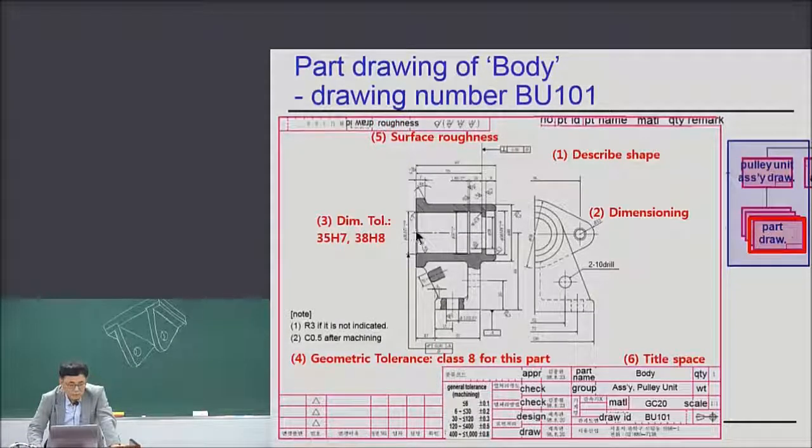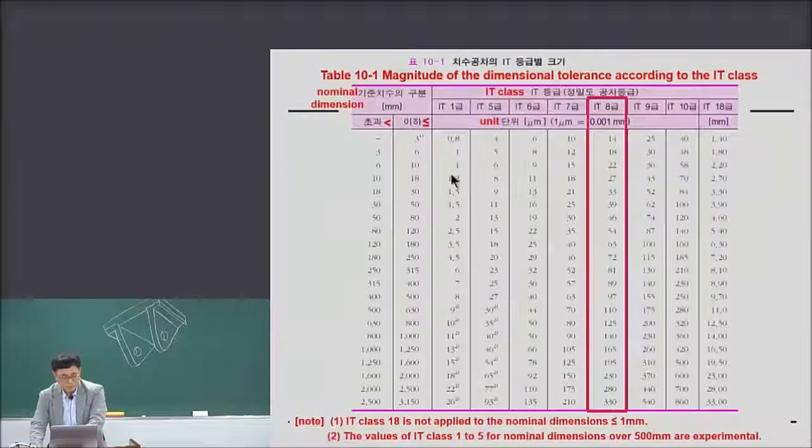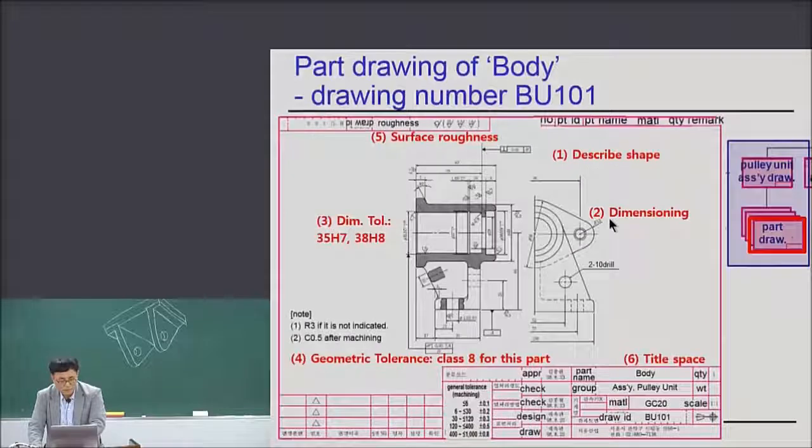Now, what's the length of this axis? It is around 55. So 55 is in the range around 50 to 80, class 8 is 46, so the perpendicularity is 0.05, 50 micron. Okay. So geometric tolerance, class 8.